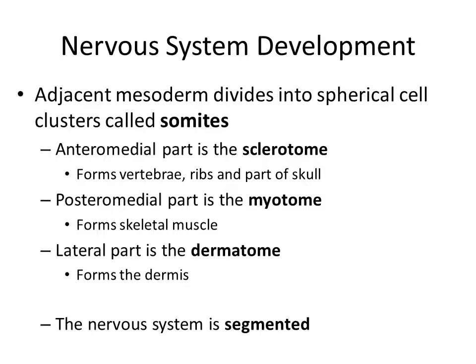Another part of the somite is going to be the myotome. This is going to form our skeletal muscles. And the third part of the somite are the cells that are going to form the dermis, the remainder of our skin. And this is called the dermatome. And this is why we have segmentation in the nervous system and why we have certain muscles that are formed from certain segments and certain areas of skin that are formed and innervated by certain segments.